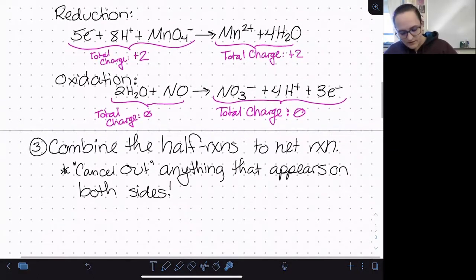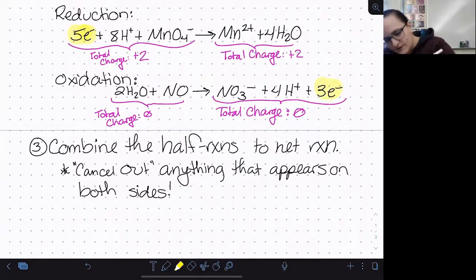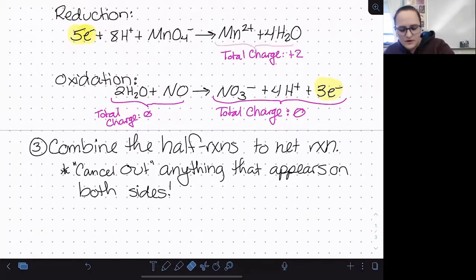But before we do that, we always need to make sure that the number of electrons lost in our oxidation is equal to the number gained in our reduction, which is currently not true. So what we'll need to do is multiply the coefficients in our half reactions to make it be true.